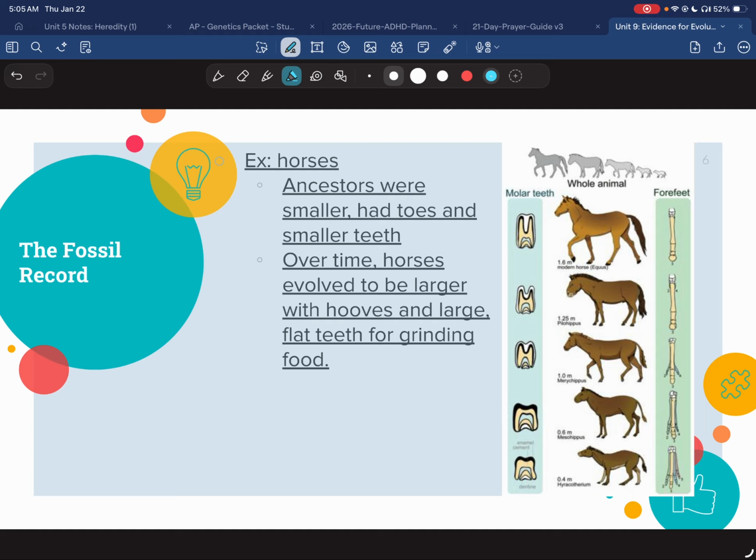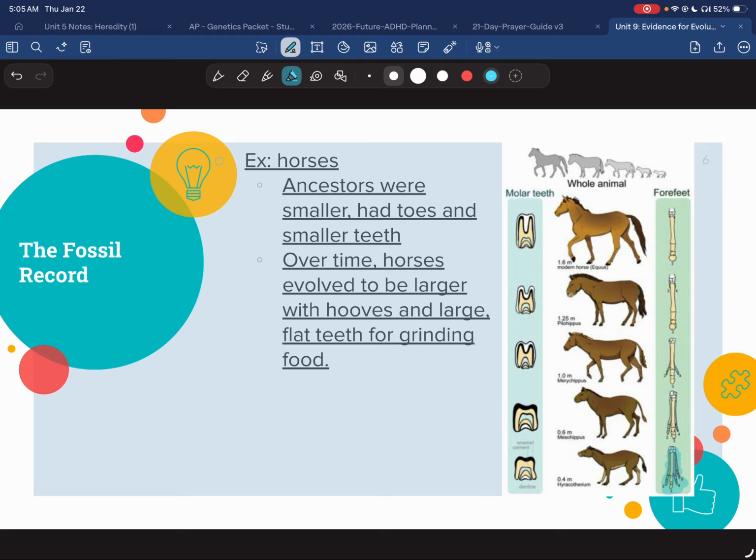As they became more well adapted to wide open plains, they needed to be able to run. If you look down here at the bottom, the ancestors of the horse had toes, right? But if you're trying to run fast and you get injured because you have more bones that can break, then that's going to make you less likely to survive. And so if we look up, they become bigger.